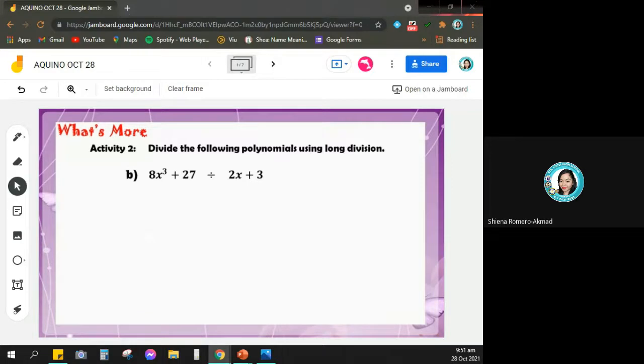Oh, maglalagay lang ako ng emoji. Uy, mali.